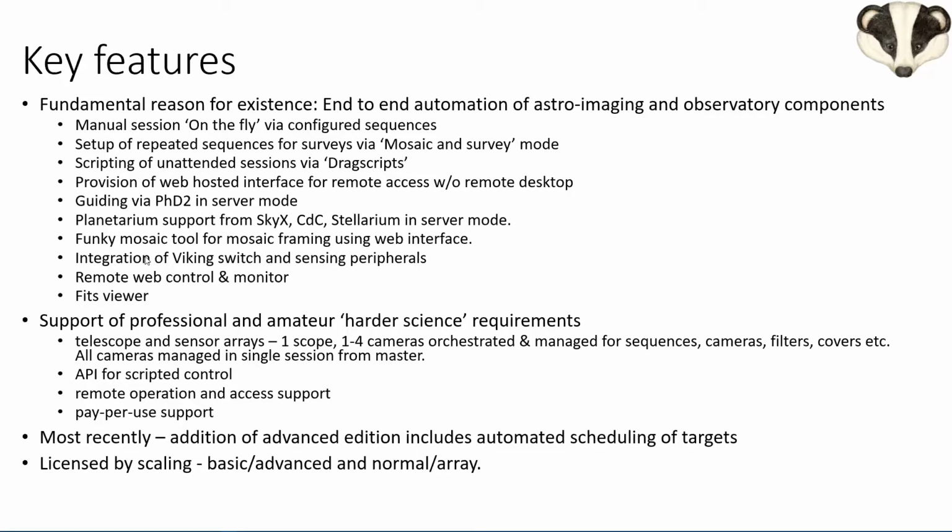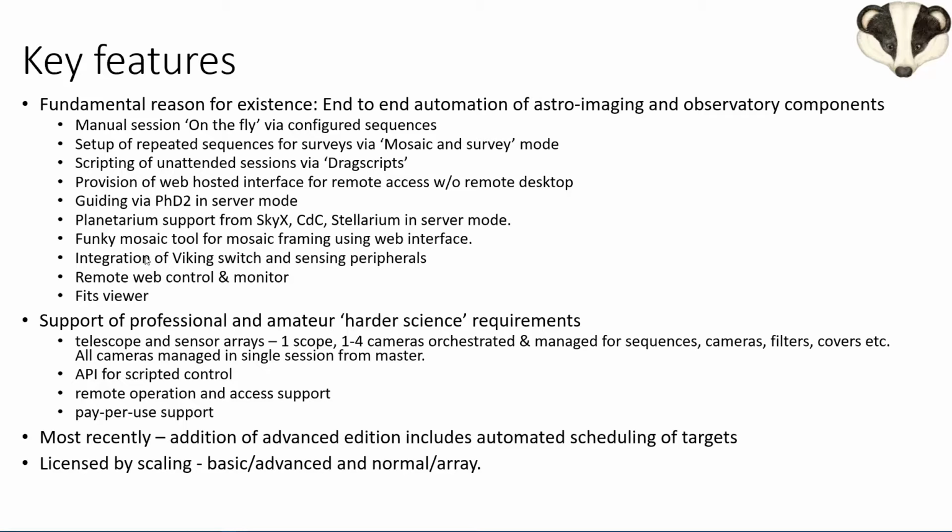There's an API for running across multiple installations, so you can run up to 4 lots of 4 mounts, each with up to 4 cameras on. And I'm sure there's much wider setups out there.